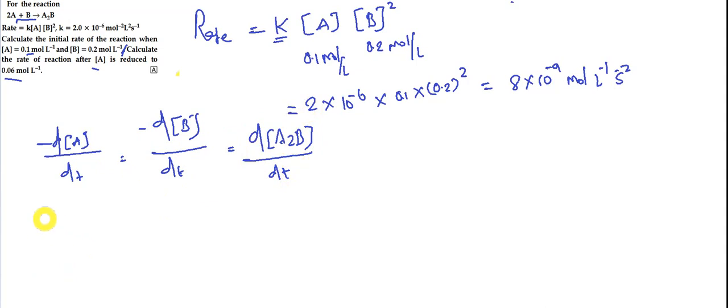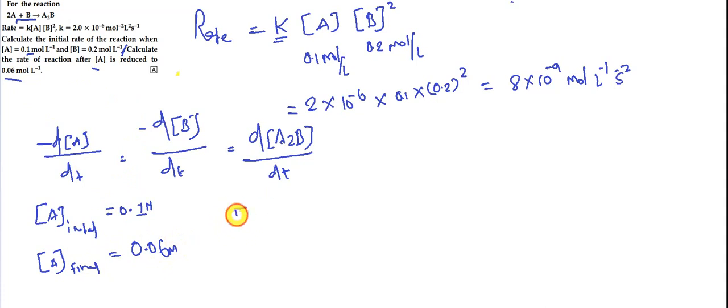So what is the thing given? The concentration of A initial is 0.1. And the concentration of A final has been given as 0.06 M. Got it?